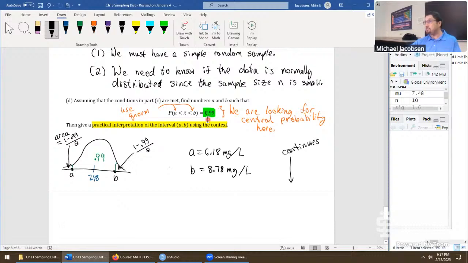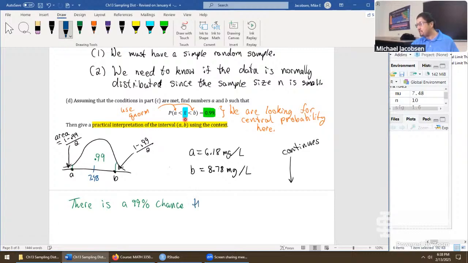We could start by saying there is a 99% chance, but that's just a personal choice. You could say with probability 0.99, and that's completely fine as well. We'll say there's a 99% chance, a probability statement about the sample mean that hasn't even been computed yet. So again, it's a what-if analysis.